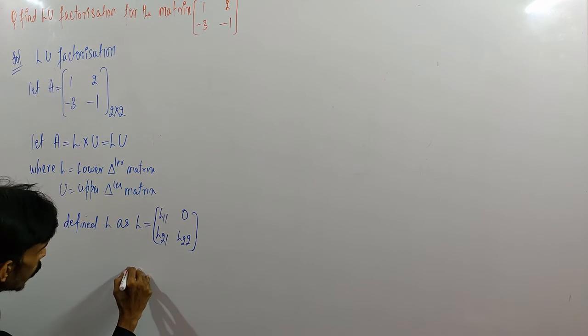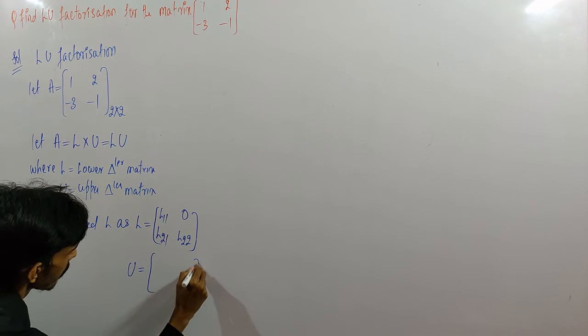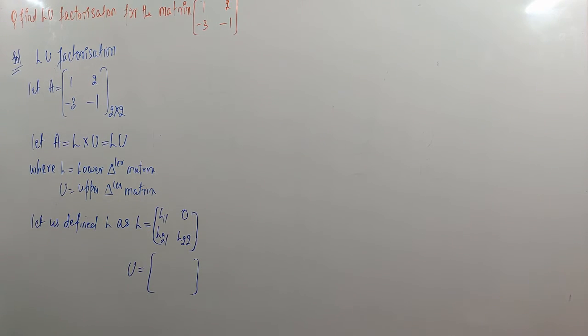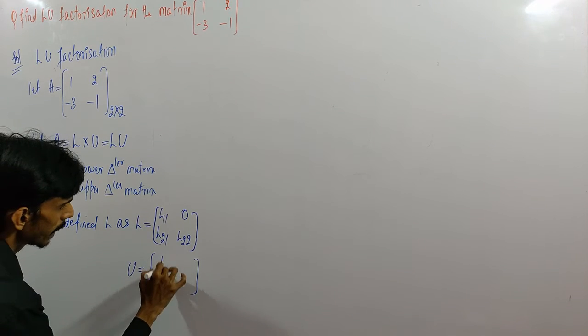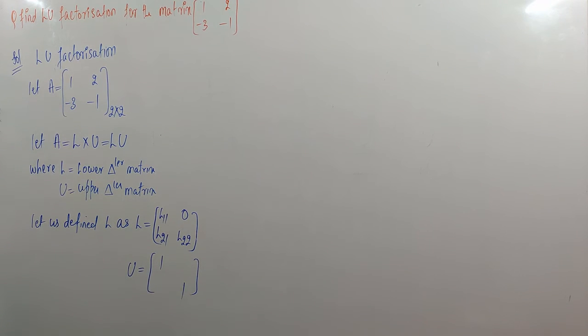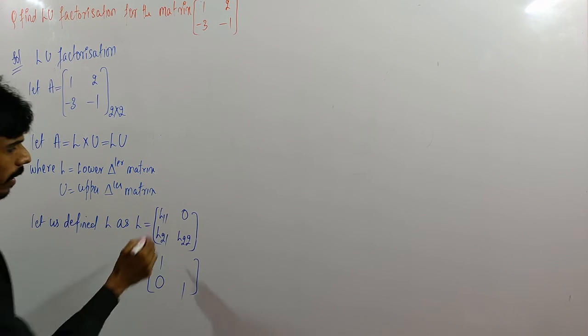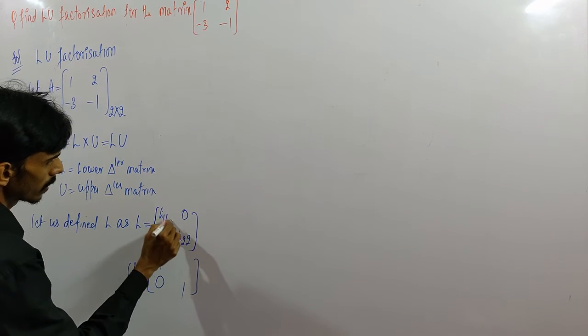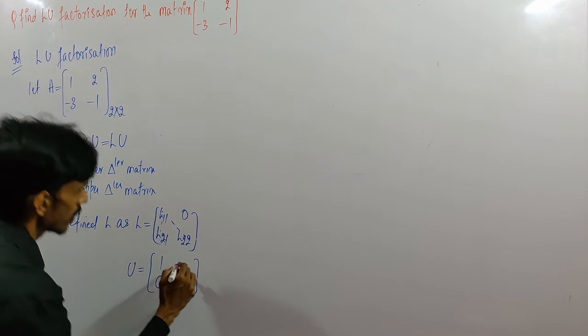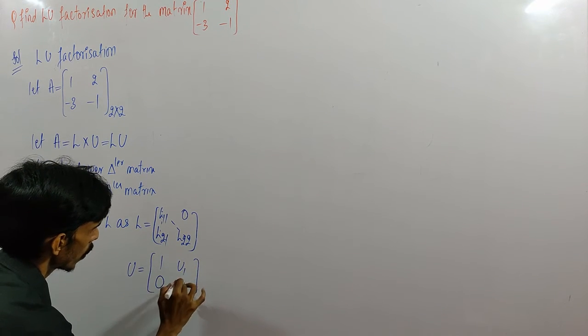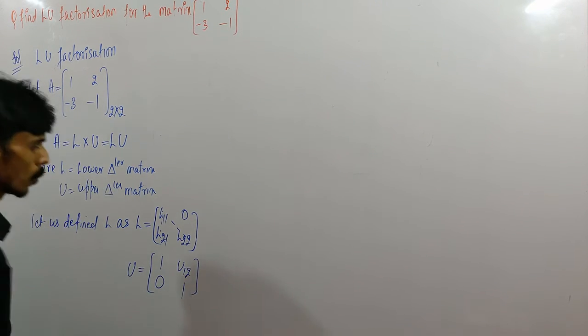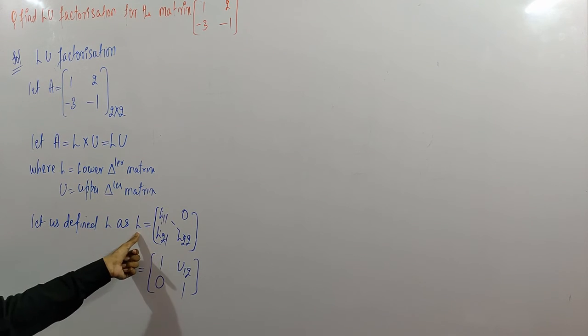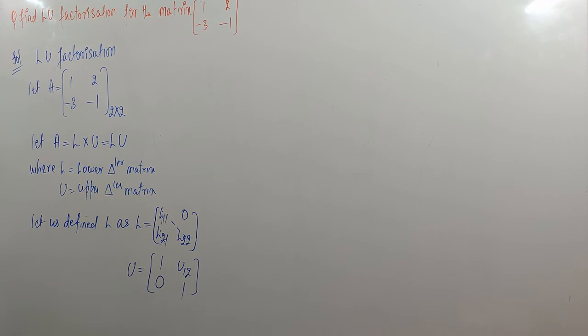Again we have the U matrix. For defining an upper triangular matrix, the diagonal should be 1 and this should be 0, then only it becomes upper triangular. Here it becomes lower triangle, this is upper triangle, this is first row and second column, so U12. So we have defined the L matrix and U matrix.